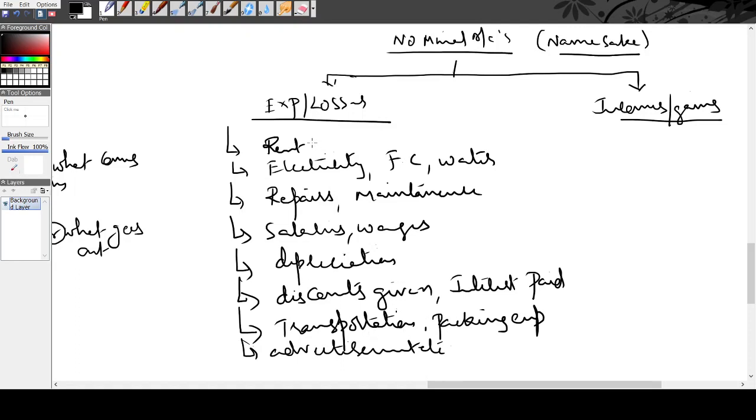I'll discuss them once again. Rent, electricity, fuel charges, water, repairs and maintenance, salaries, wages, depreciation, discounts given, interest paid, transportation, packing expenses. There can be many more expenses.